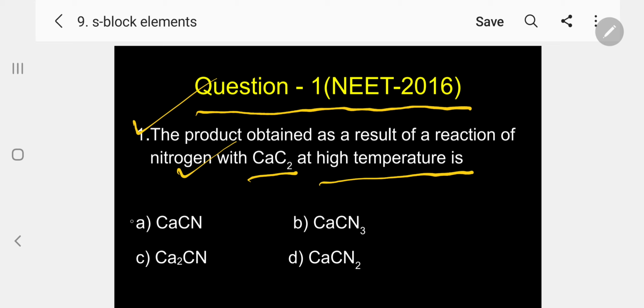There are four options: A, calcium cyanide, CaCN, CaCN3, Ca2CN, CaCN2. These are the different formulas they have given. This is actually only memory. From memory you have to say; there is no logic, no problem, everything. Direct question.